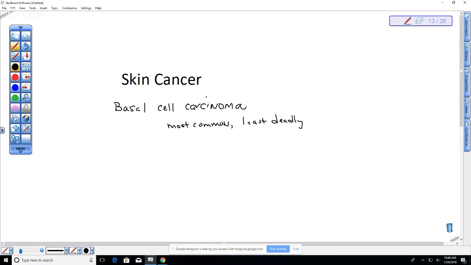We also have squamous cell. Squamous cell carcinoma has to do with the flat cells that make up the outer epidermis, so not the basal layer.